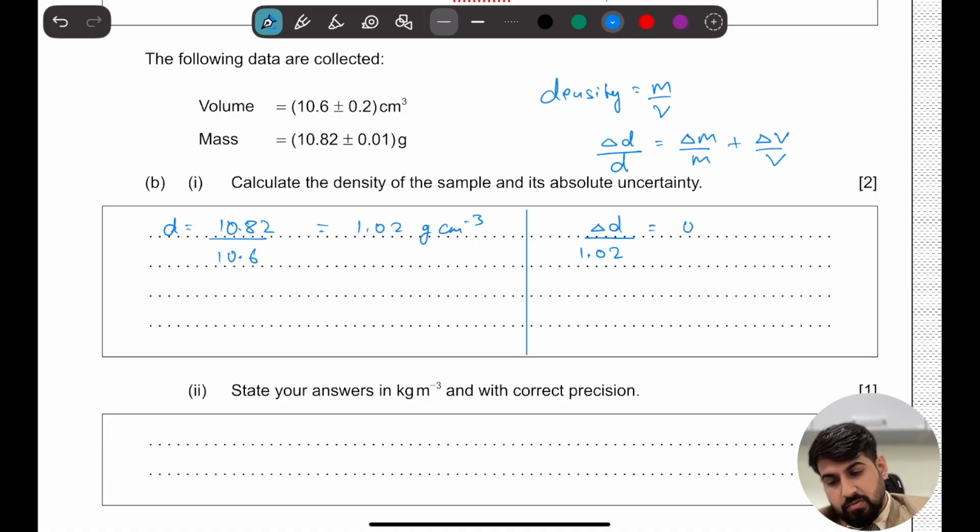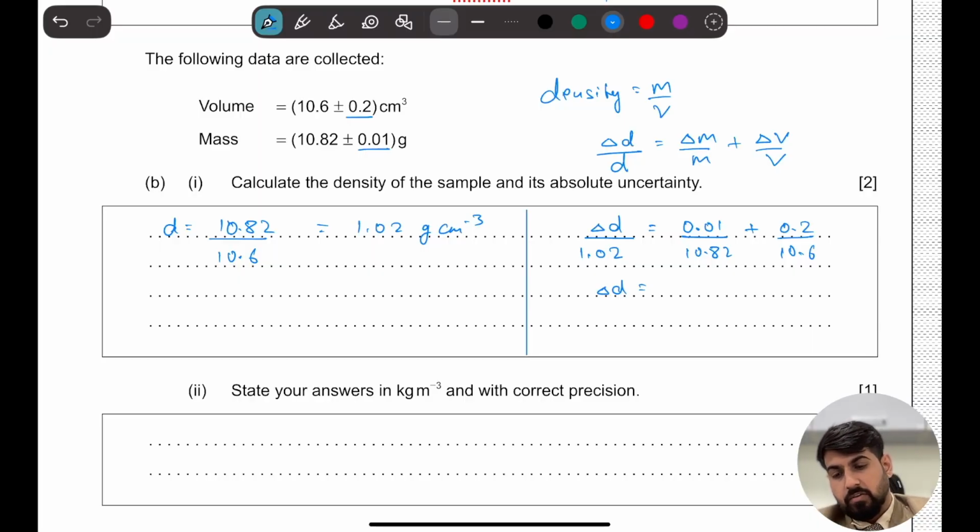Delta m is given to us as 0.01, and this is delta v, 0.2. So delta D equals 0.01 divided by 10.82 plus 0.2 divided by 10.6.